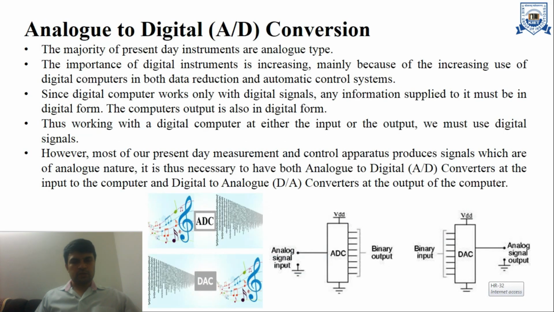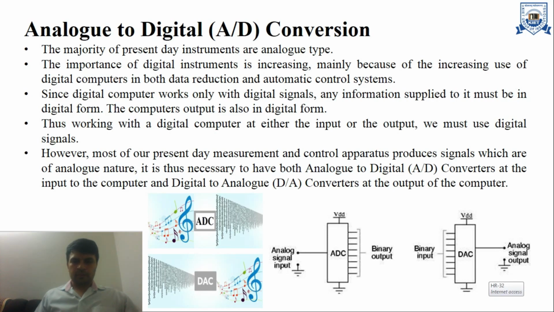Here is analog to digital conversion. We require these A to D and D to A in our day-to-day life. The majority of present day instruments are analog in nature. The importance of digital instruments is increasing mainly because of the increasing use of digital computers in both data reduction and automatic control systems.